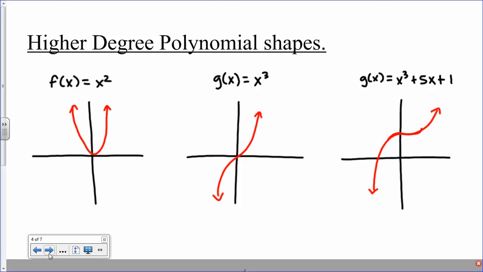So x squared is an even degree, and so the end behavior, the two tails are up, up. X cubed is odd, so the two tails go down, up.